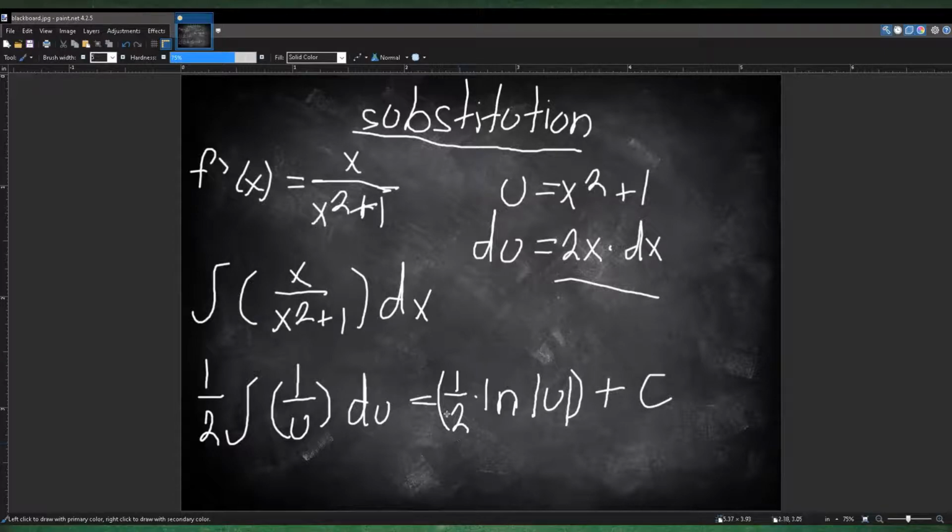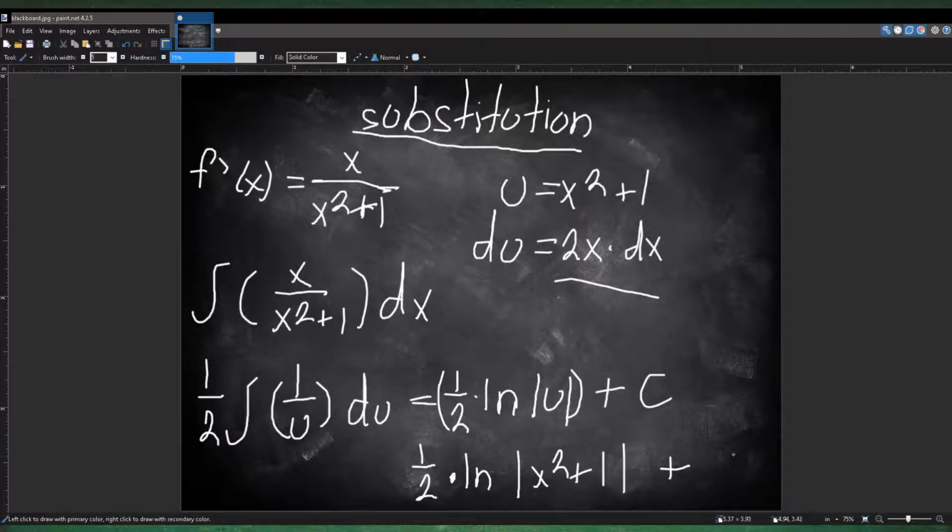So once we have 1/2 times ln of absolute value of u plus c, we don't want u, because the original function was in x, so we substitute x back in. So we have 1/2 times the ln of the absolute value of x squared plus 1, and then plus c.